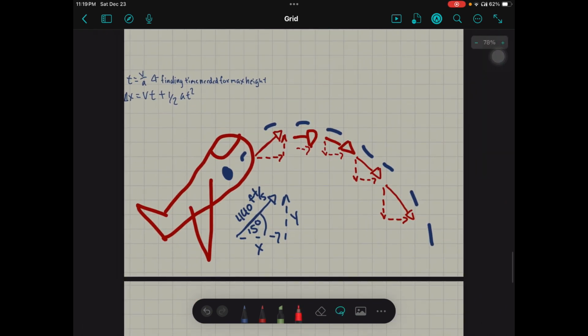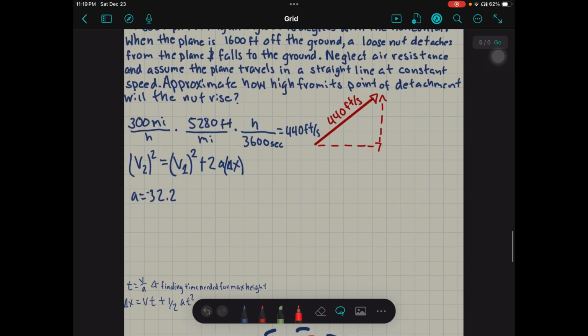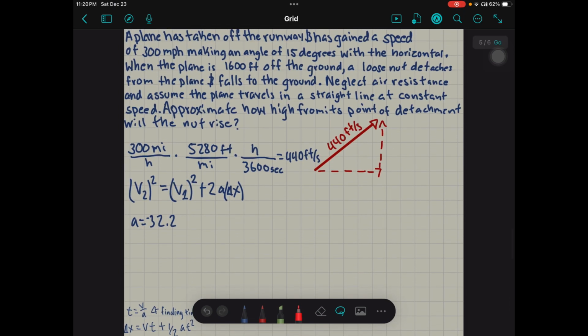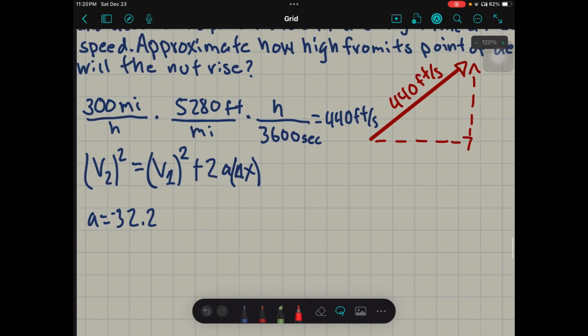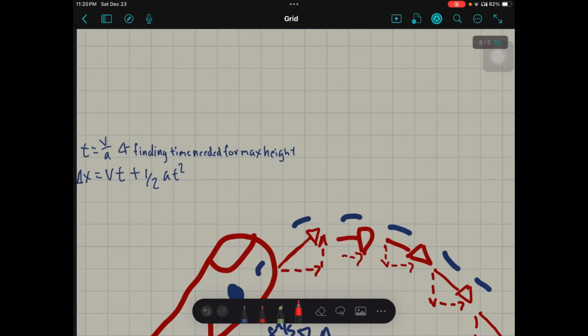Okay, so now that we got that out of the way, we can go ahead and solve our problem. We can solve it one of two ways. Our first one is going to be using the kinematic equation without time and just solving for delta x. Our second one is going to be solving for time first and then plugging that into the kinematic equation which does have time.